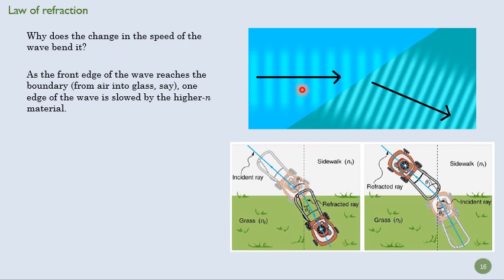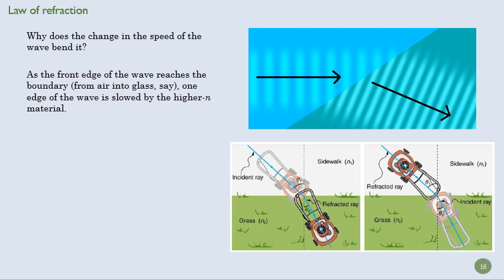Here it comes at an angle that's very shallow, and then as it goes into this slower medium, it becomes closer to the normal vector there. That's always the case.